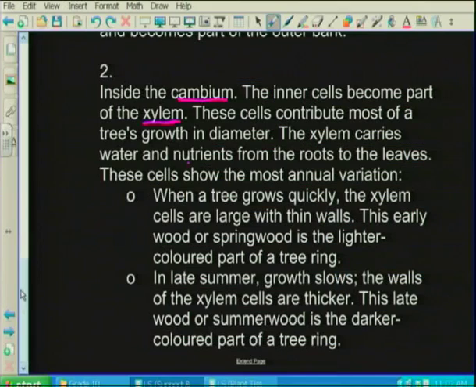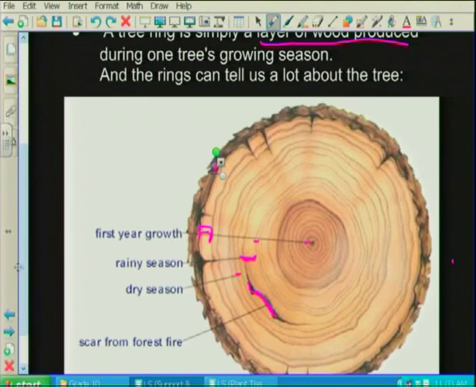So when the tree grows quickly, the xylem cells are large and they have thin walls, so it is lighter. And then when it grows slower, the xylem isn't as big and it has thicker walls, so it is darker. So basically, if we look here, it is where it shows the most variation, in the early wood and the late wood.